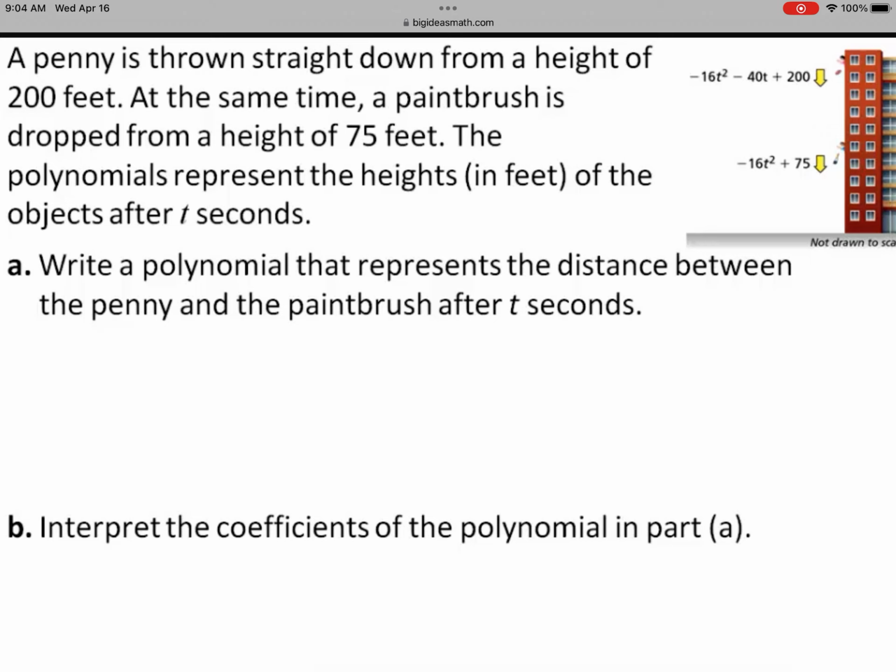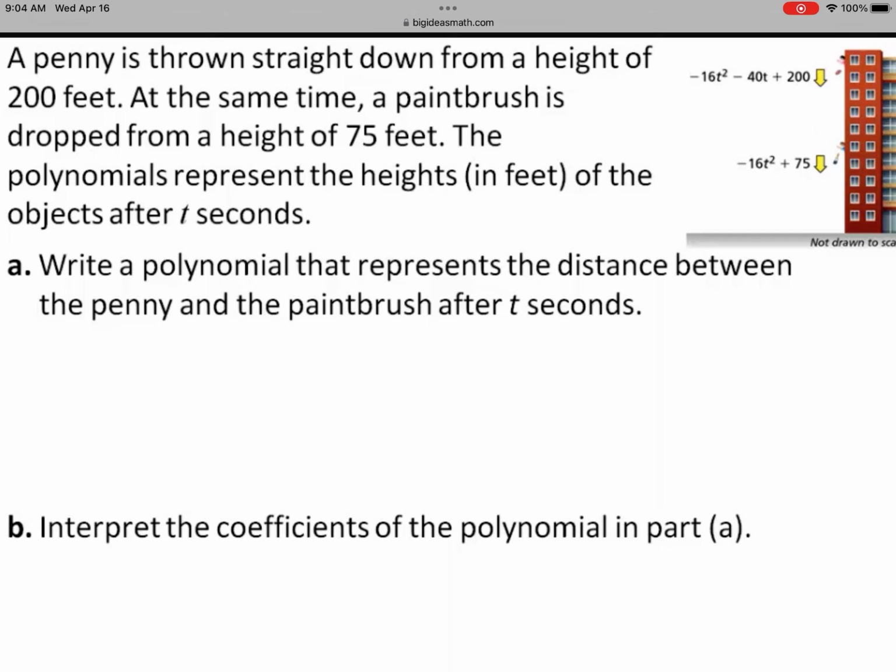At the same time, a paintbrush is dropped from a height of 75 feet. The polynomials represent the heights in feet of the objects after t seconds. Part A. Write a polynomial that represents the distance between the penny and the paintbrush after t seconds.